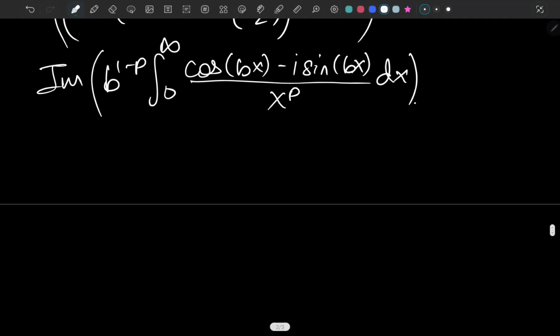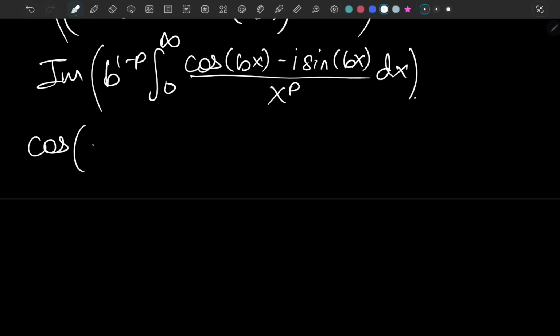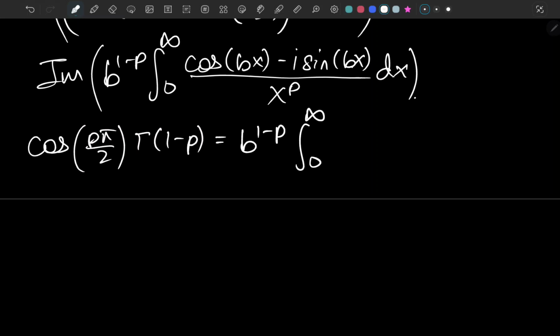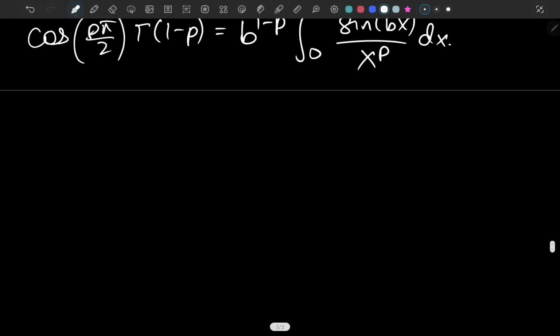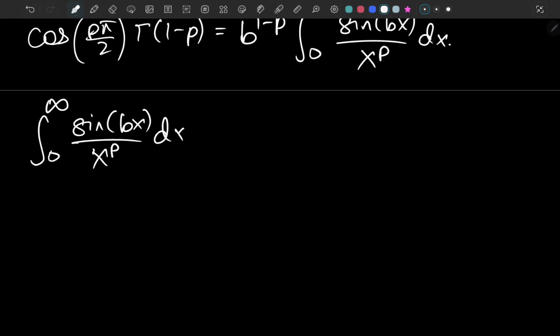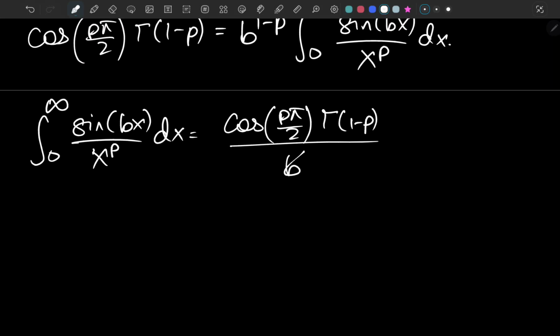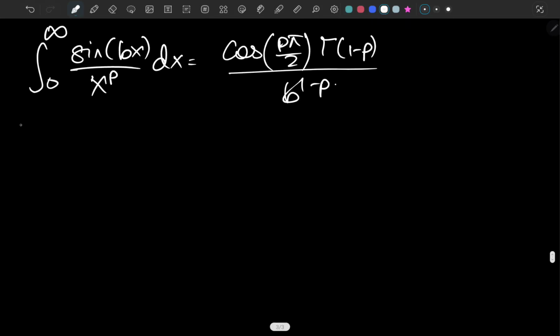So cosine of p pi over 2 gamma of 1 minus p equals b to the 1 minus p times the integral from 0 to infinity of sine of bx over x to the p dx, and dividing both sides by b to the 1 minus p, that gives us the integral from 0 to infinity of sine of bx over x to the p dx equals cosine of p pi over 2 gamma of 1 minus p over b to the 1 minus p.